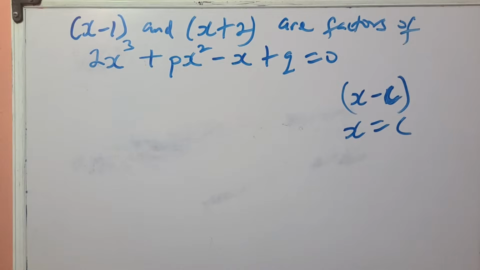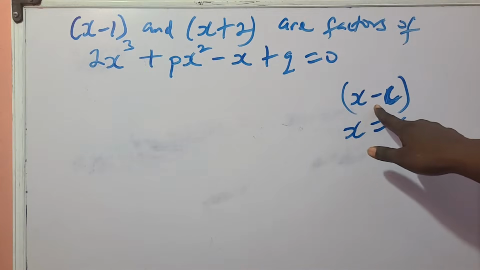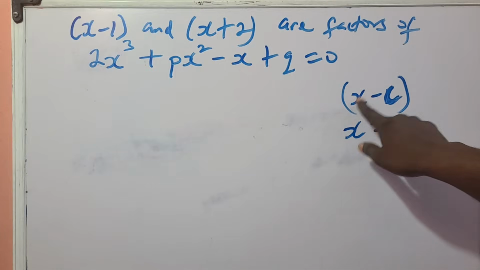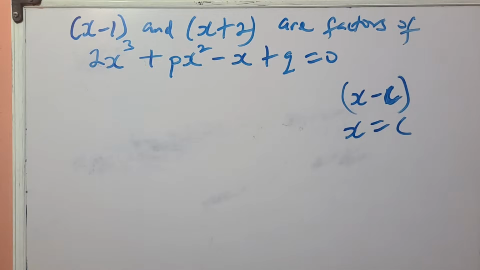Let me repeat that. Factor theorem states that if x minus c is a factor of a polynomial, when you fix in x equals to c into the polynomial, you should get 0 as your answer. So one way to know that something is a factor of a polynomial is that imputing the value of that thing into the polynomial will give you a value of 0.